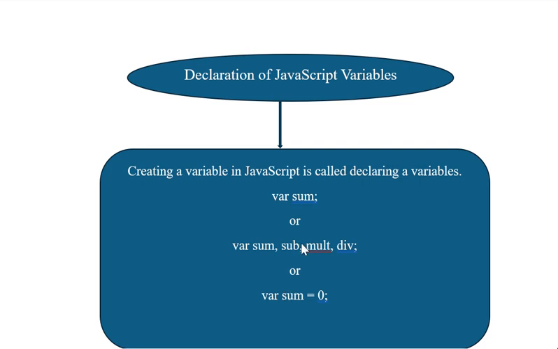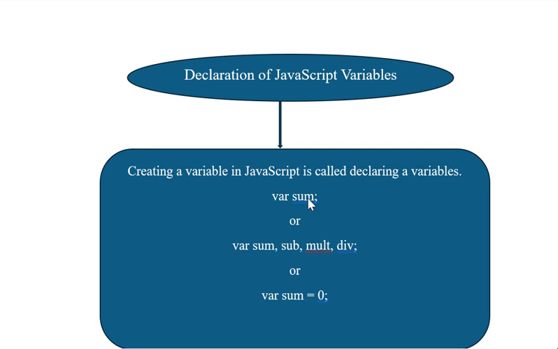We mentioned in the definition that a JavaScript variable is a container. So how can we understand that container? That is the name. var is the keyword to declare the variable, and the variable name is sum.